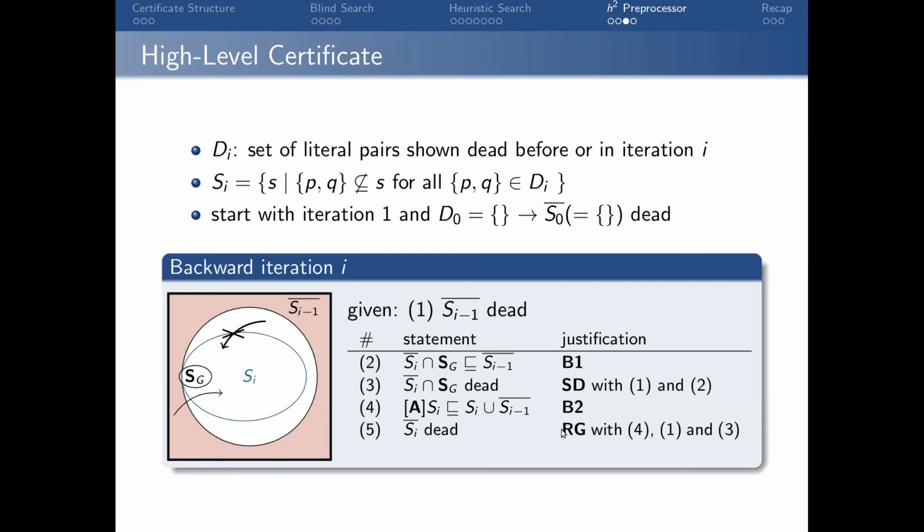And from this, we can apply a rule called regression goal, which is one of those similar rules that I didn't really go into detail, but this directly shows us already that the negation of Si must be dead. And it intuitively also makes sense because it might be that we can somehow reach one of the states here backwards, but we would need to go over Si-1 negated, and that we know already to be dead. So it doesn't make sense to look at any state in here.